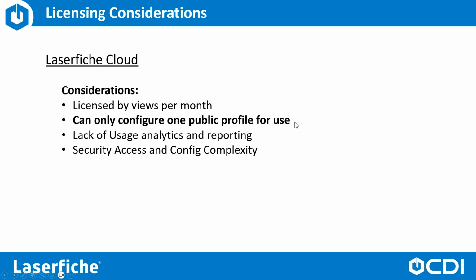The reason this makes a difference is that in a self-hosted instance, you have the ability to set up Weblink public-facing, so people external to your organization can access it, but some of our organizations also set it up internally facing. So when employees log into the network and they don't have a Laserfiche username and password, they can still get read-only access. It can be configured for both internal and external use, so more than 1 instance. But with Laserfiche Cloud, you cannot do that. It's just 1 public profile for all.